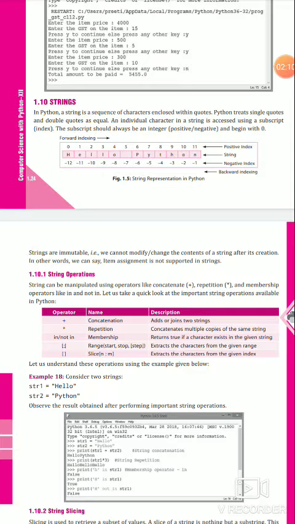After this, colon used in square brackets is for range. It extracts the characters from a given range. There are three parameters for extracting the characters: start, stop and step, that is, how much it increases for each extraction.